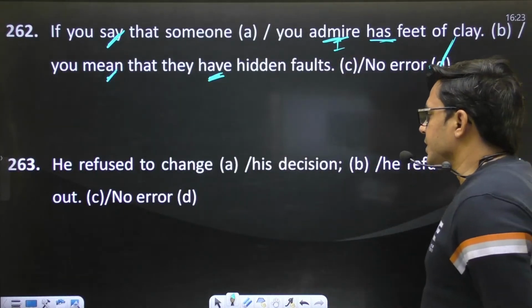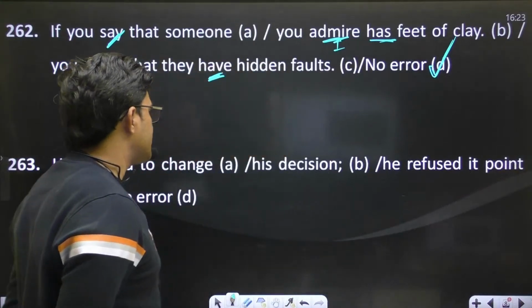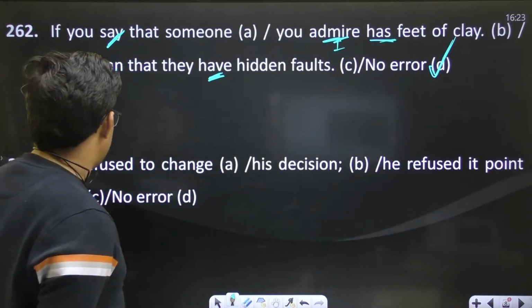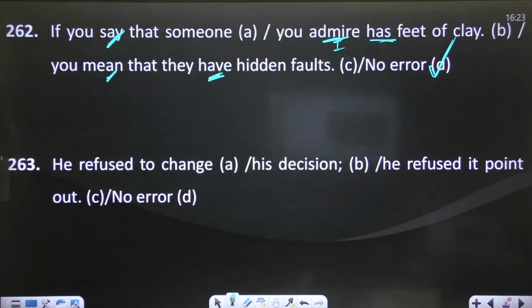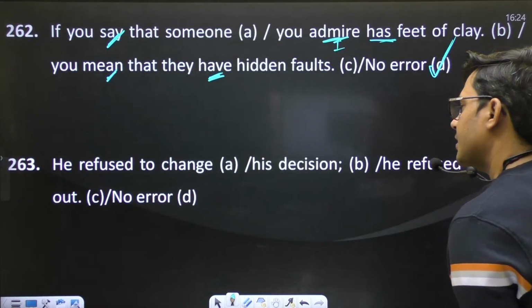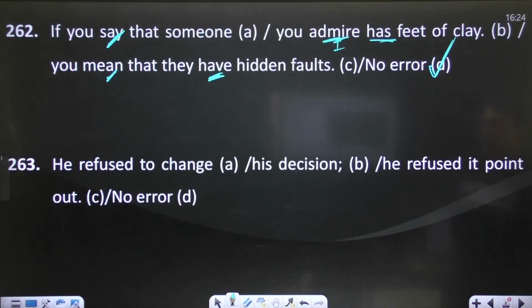He refused to change his decision. What do you think of this sentence? He refused to change his decision.